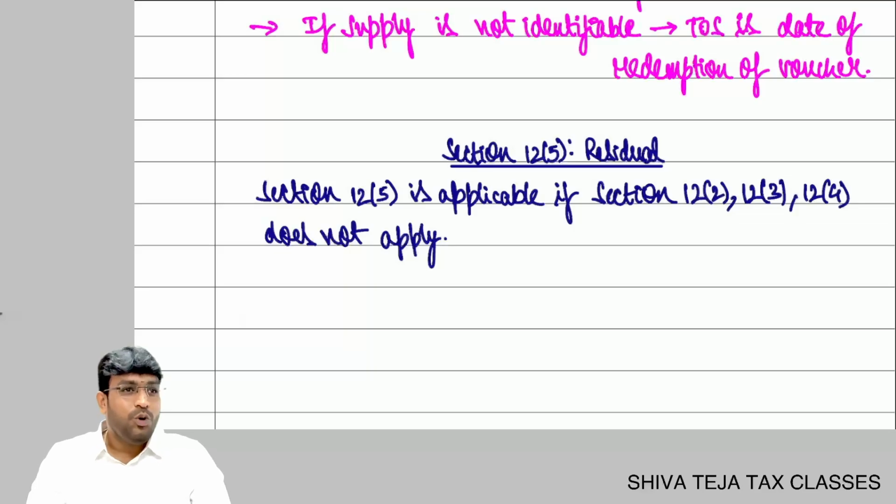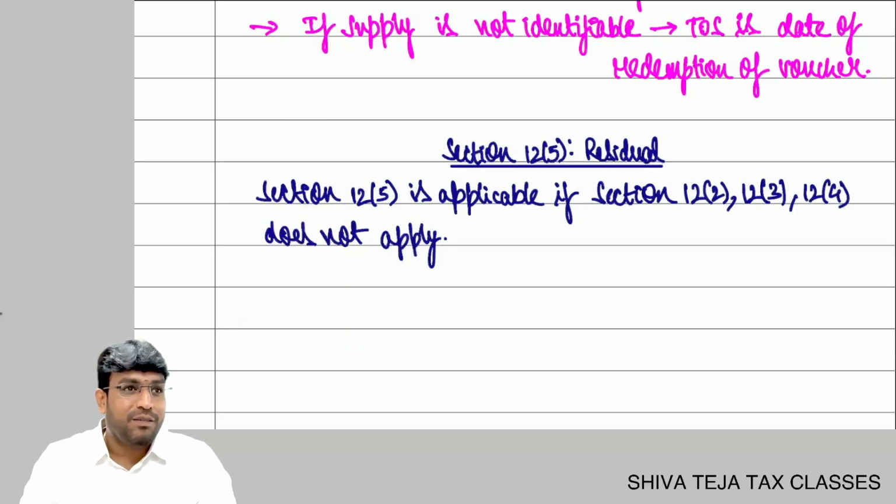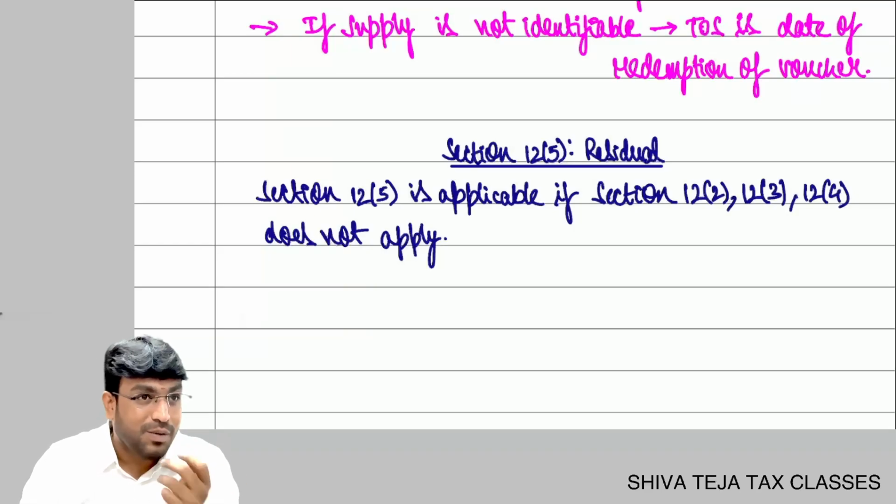Sir, in 12.2 we want invoice date. 12.3 also we want invoice date. We want payment dates. Imagine a case where invoice date is not available, payment date also not available. Invoice date not available because he did not give invoice only. Payment date not available because payment has come in cash, he is not maintaining books of accounts. Understood? That case is possible, no sir?